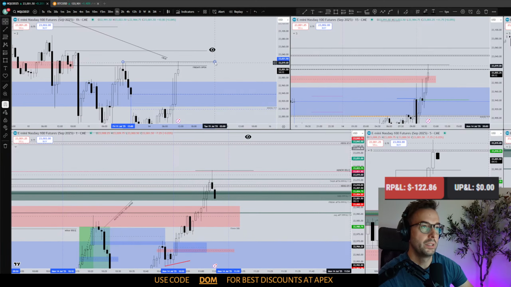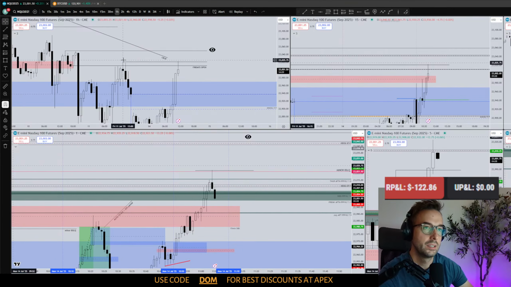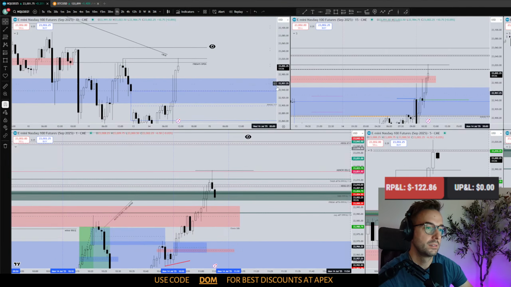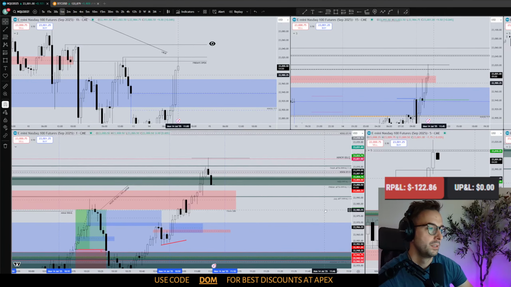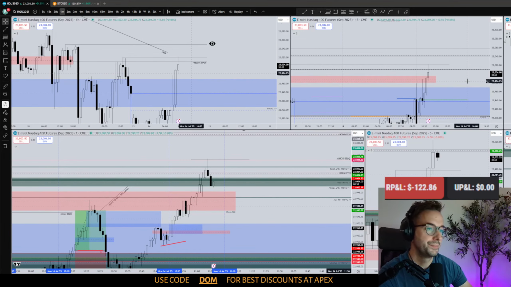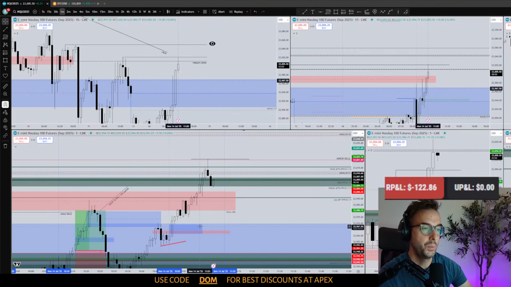It's not like high probability relatively equal, but again, this is a very anemic push higher from Friday's minor buy side that it just took out here. So let's see what price wants to do here now. Look, since 10:50 all the way till now, it's sought buy side liquidity.